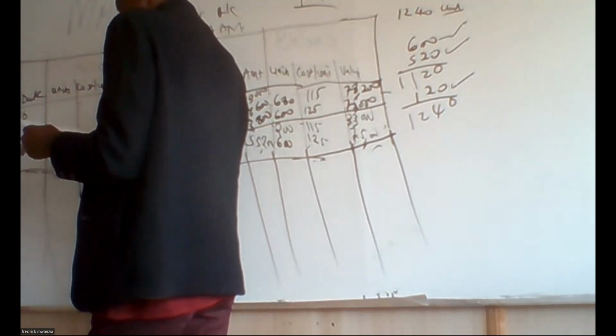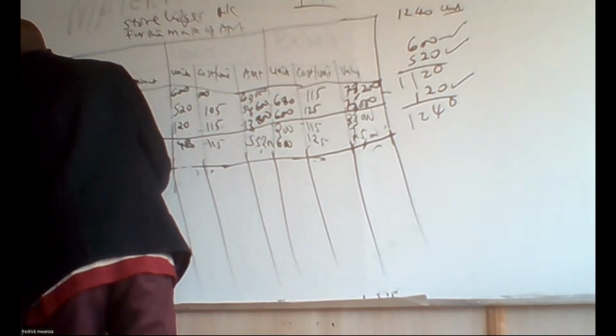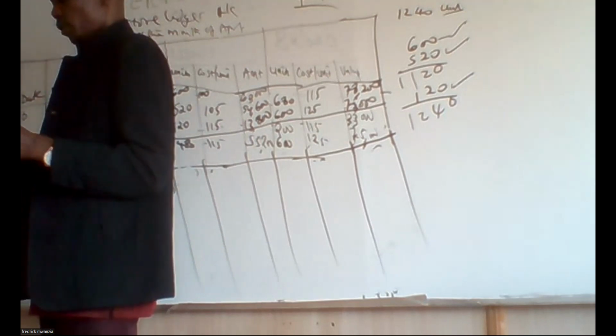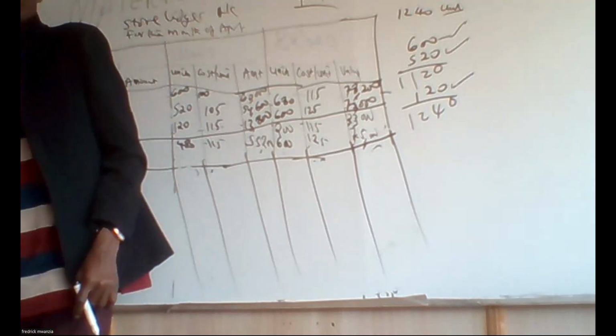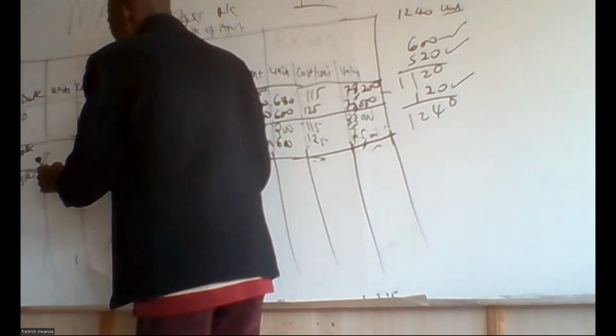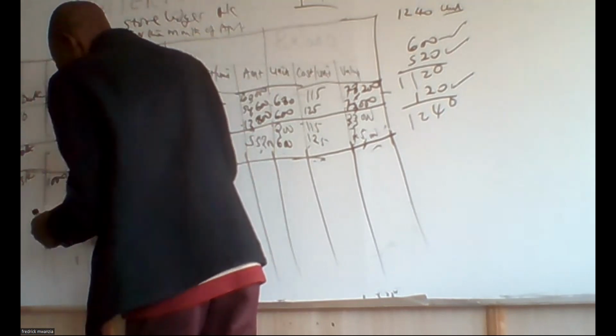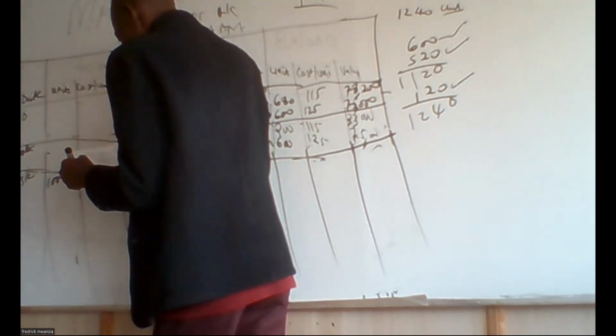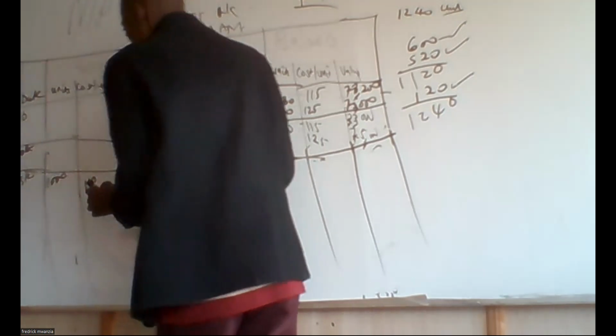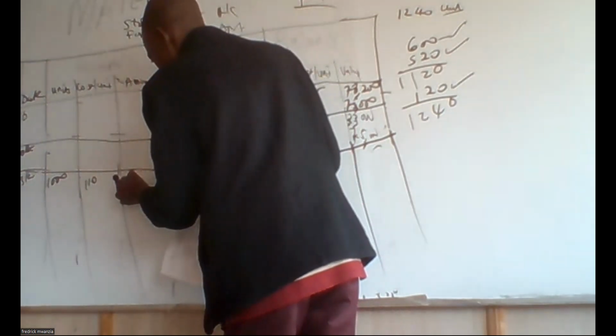On the 25th, what is happening? We received 1,000 units. So 1,000 units at 110, you multiply, and that's 110,000.